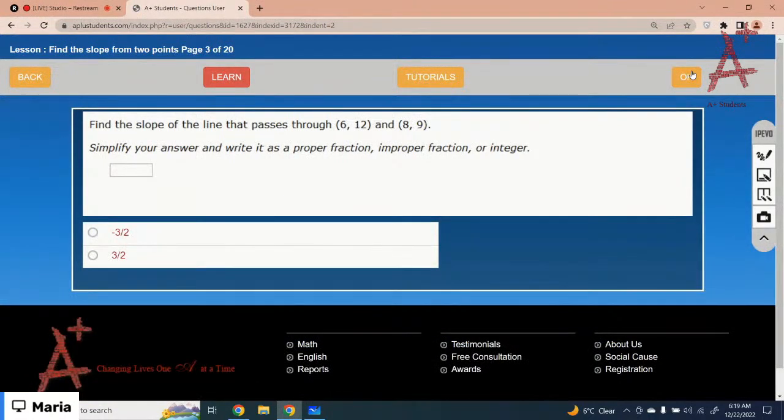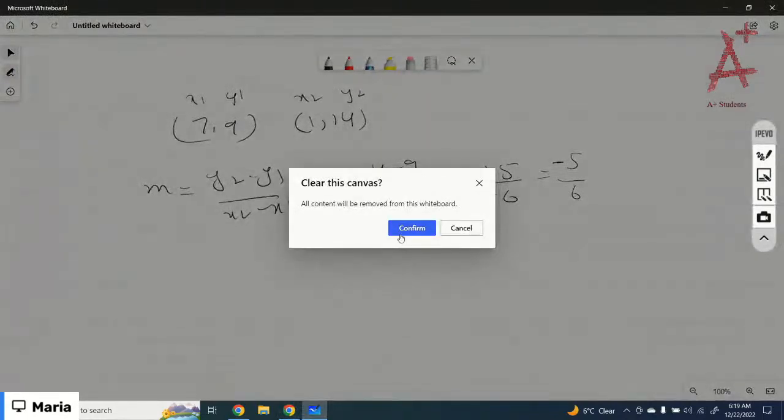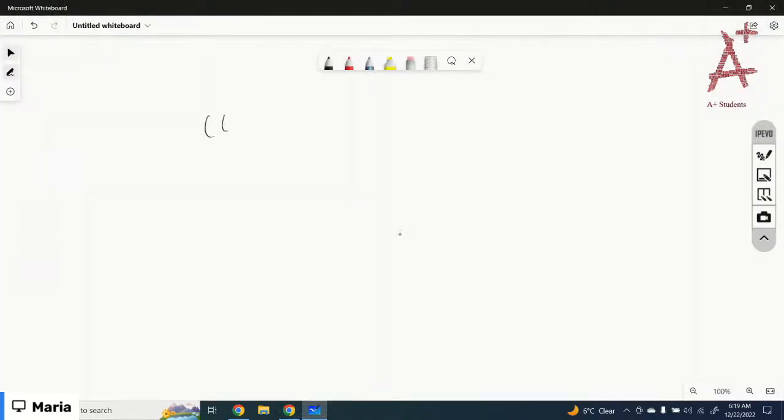Okay, the next one is find the slope of the line that passes through (6, 12) and (8, 9). So use the formula that is m equals y2 minus y1 divided by x2 minus x1.